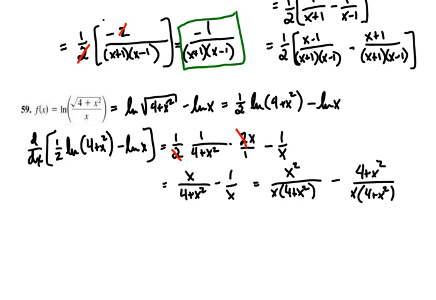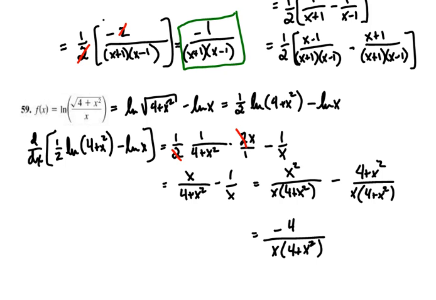Now we can combine the two over the common denominator, but you have to remember to apply that negative sign to the whole expression, 4 plus x squared. So it's going to be minus 4 minus x squared. And the two x squareds are going to cancel out. And in the end, we have negative 4 over x times 4 plus x squared.